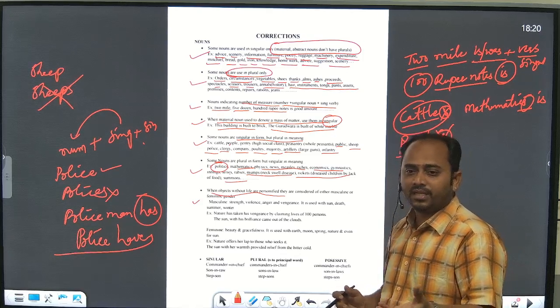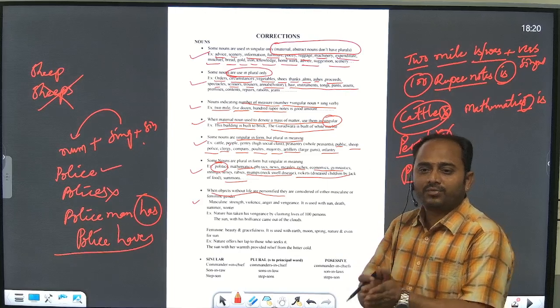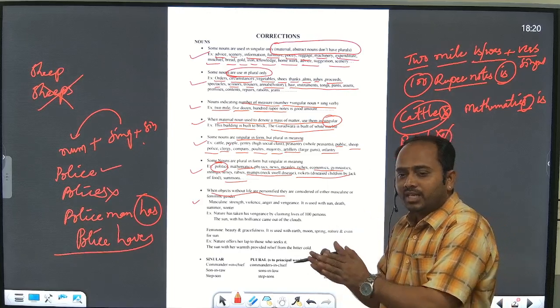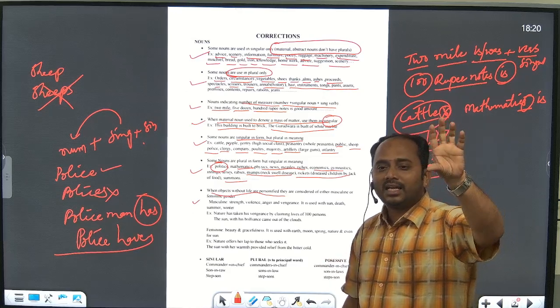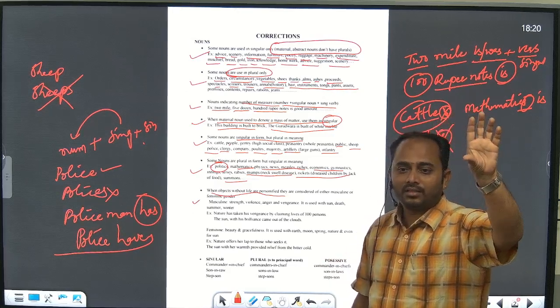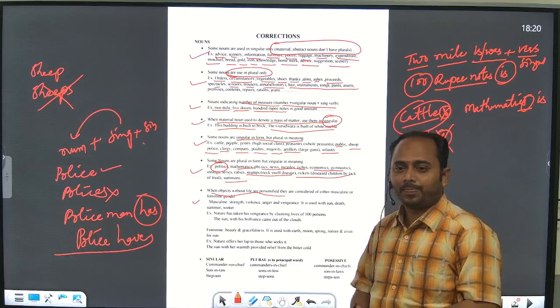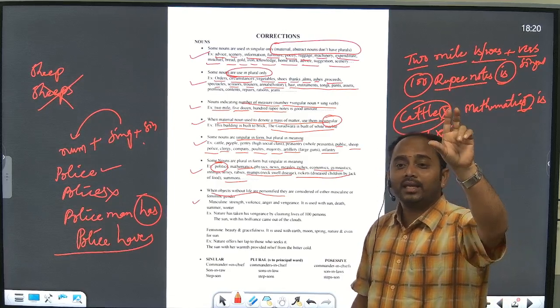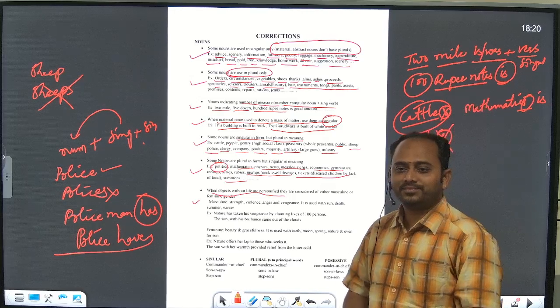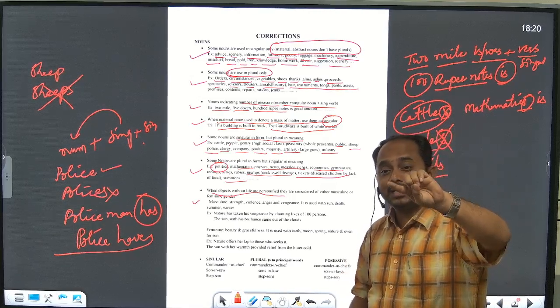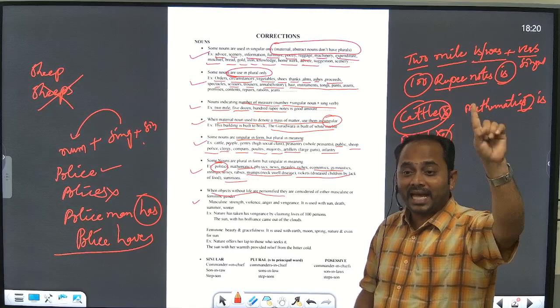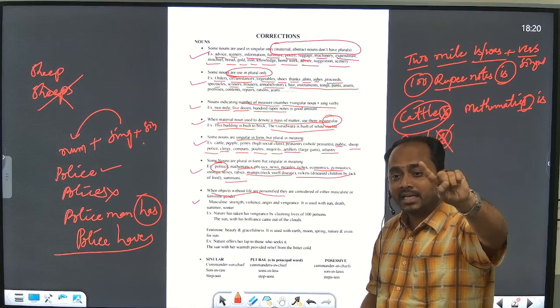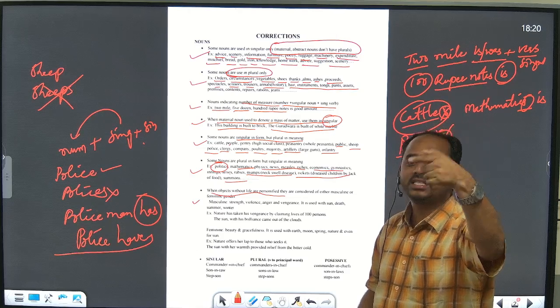We have some figures of speech like simile, metaphor, personification. Personification means the sky is adorned with the stars, like a queen with jewelry. The sky is compared to a queen. An inanimate thing is compared to an animate thing. Life is given to that.